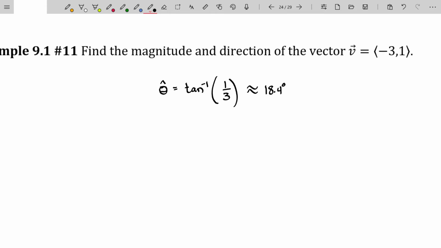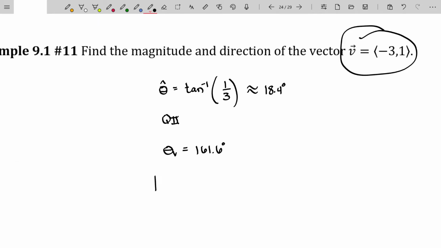All right. And if you notice, we have a quadrant 2 vector. So our actual angle, theta, for the vector v, is going to be 161.6 degrees, or 162. And now finding the magnitude, we've actually computed that previously as well.